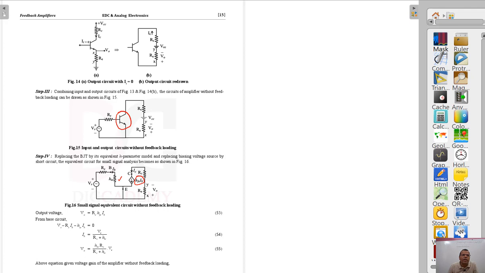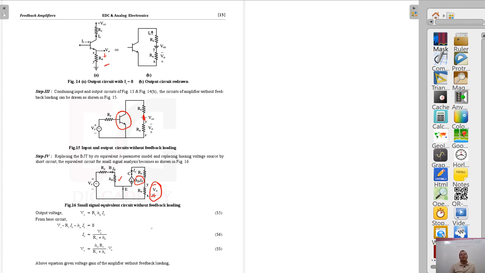Of course we have RS and VS here, and on this side I have RC and RE, so that part is as it is. But remember, for the small signal model, the DC source is replaced by a short circuit. For the output voltage, X is positive and Y is negative.